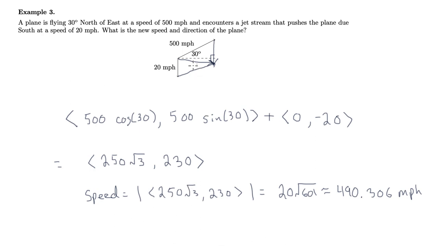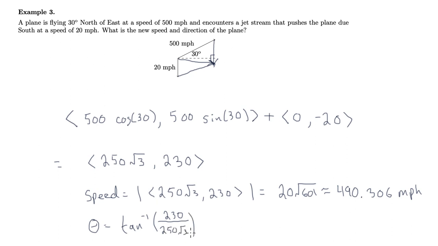And then our direction, so we can either just normalize this vector, but it might be a little bit better to sort of say it as an angle, north of east or south of east or whatever it is. And so the angle, just a little bit of trigonometry, is going to be the inverse tangent of 230 over 250 root 3.